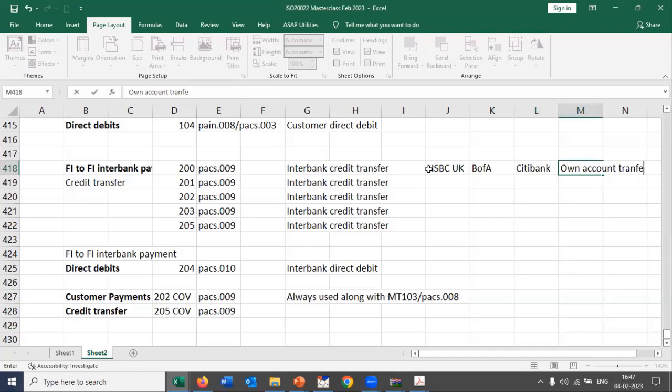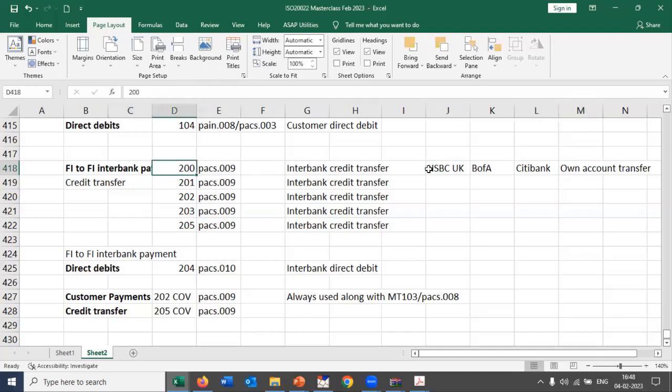So the sender of the money and the beneficiary of the money is the same. HSBC is the sender from BOFA. HSBC is the receiver of money at Citi. For own account transfer, for a single transaction, MT200 is to be used. You're not paying a third bank. You're paying yourself, but at a different location. I want to make such multiple transfers using some single message.